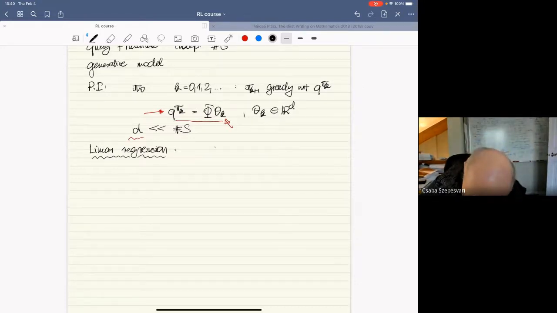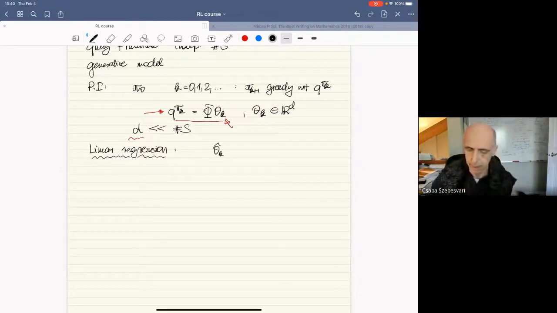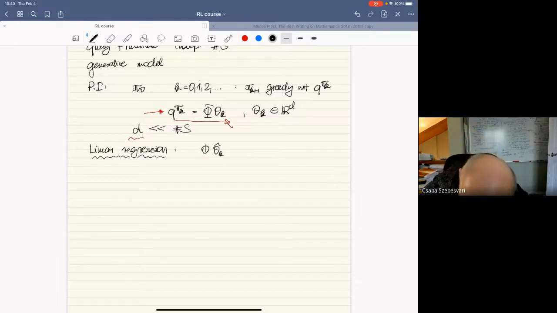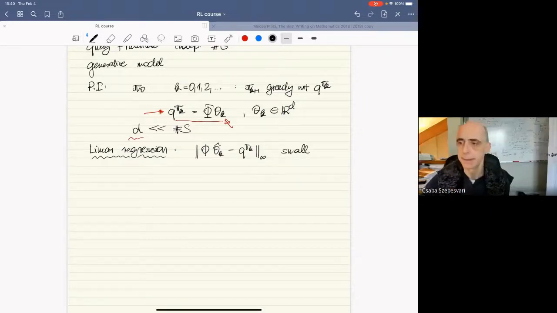So if we come up with some theta hat of k, based on sampling and whatever computations, then we would like to see that the approximation error over the whole state action space is small, everywhere, uniformly.